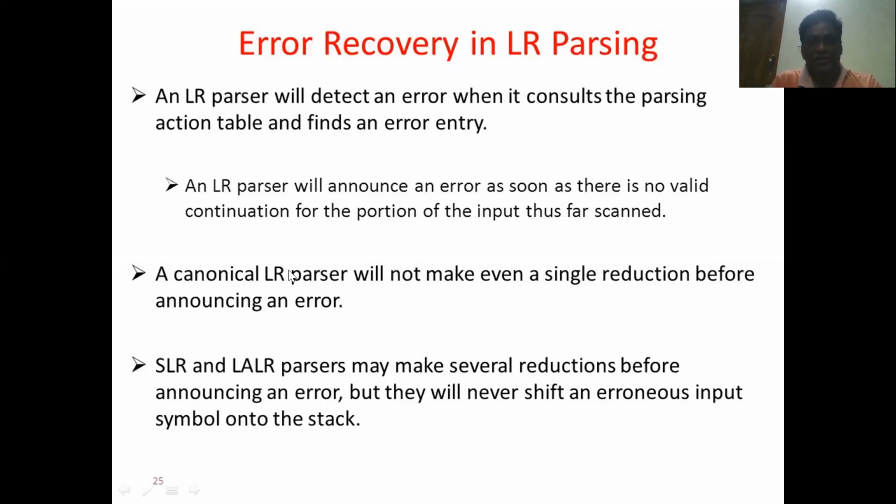We know that there are several kinds of parsers available, starting with the simple LR parser, then the canonical LR parser and the LALR parser. All three types of parsers respond differently when they encounter an error. A CLR parser will never perform a reduction operation before it announces an error. So without performing reduction operations, it simply announces the error.